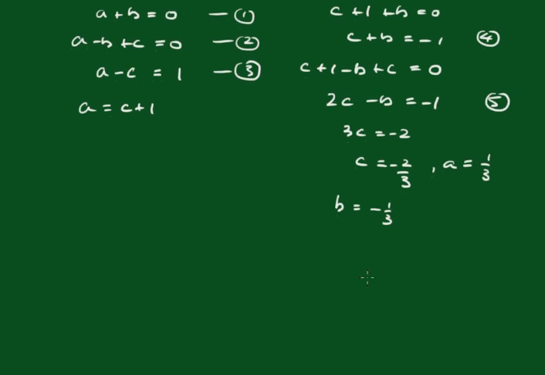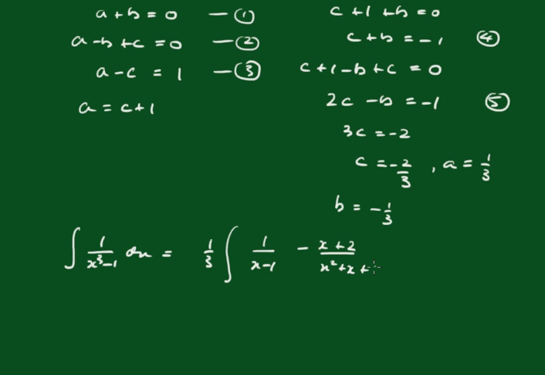Right, so now we have the integral of 1 over x cubed minus 1 dx equals, taking the third out the front, 1 over x minus 1, now write this as minus (x plus 2) over (x squared plus x plus 1) dx.